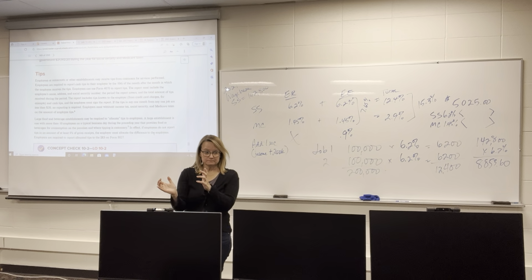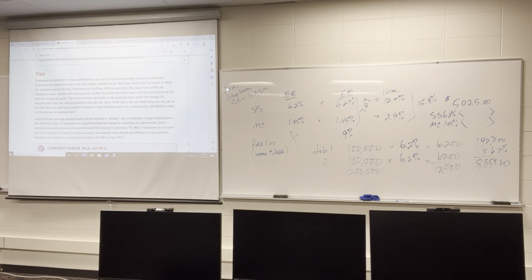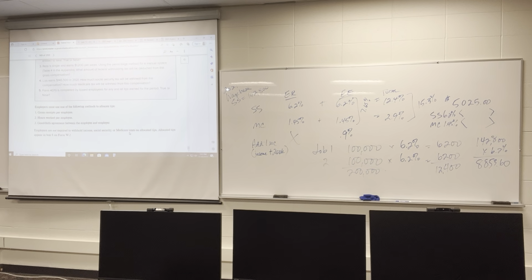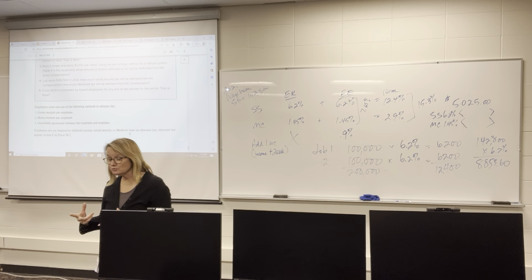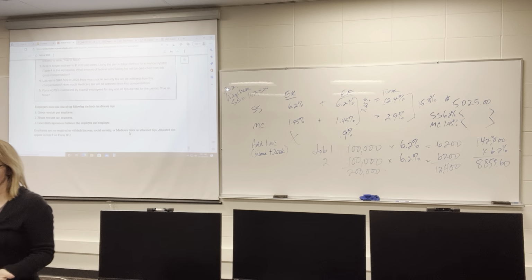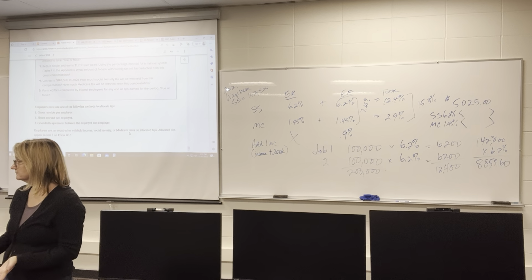Okay? There are other ways that, so that's one way the employers can have you report it, the actual amount of tips. There's also this allocation method that employers can use, and this is for employers, I think with 10 or more employees. They call them large employers. I don't think 10 is real large, but they can allocate the tips and assume that you received 8% of whatever your sales were in tips.